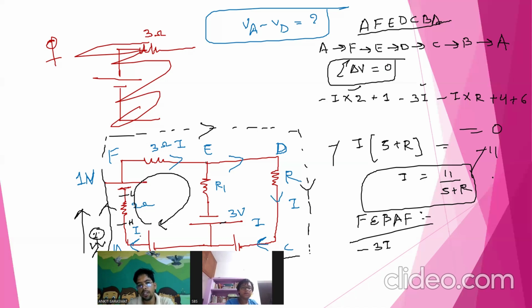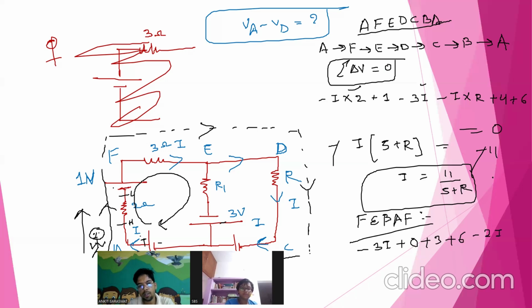Clear? F to E, then E to B across R1, 0, because there is no current. Minus 2 plus 3, from B to A, minus 2 plus, how much? Plus 6, then A to F across 2 ohm, it is minus 2I.